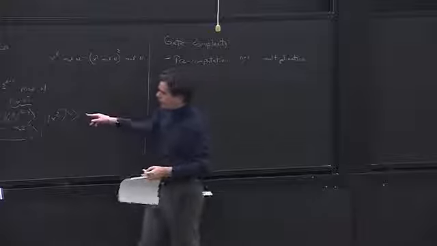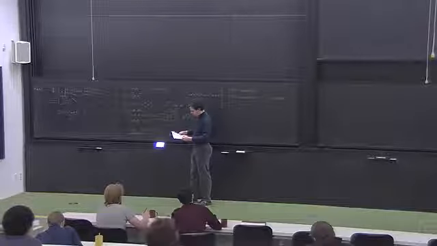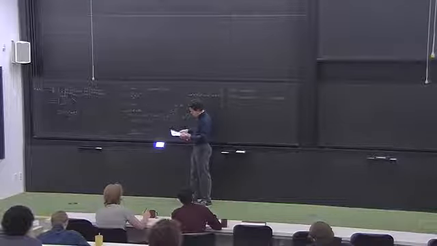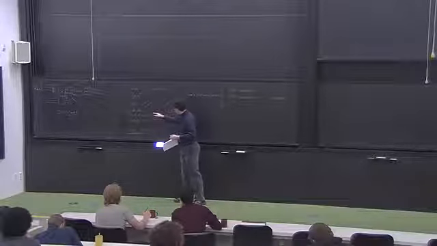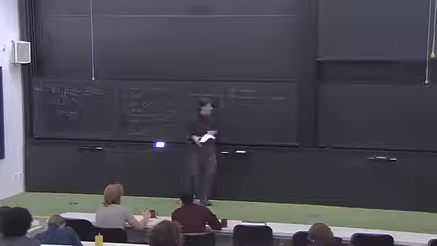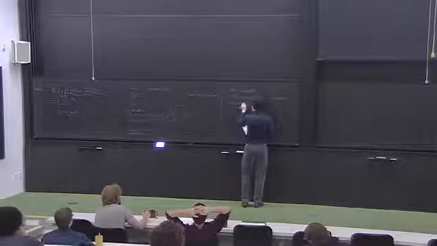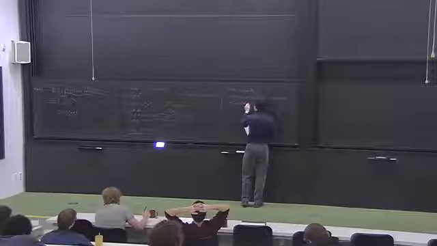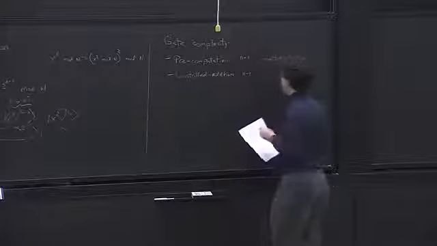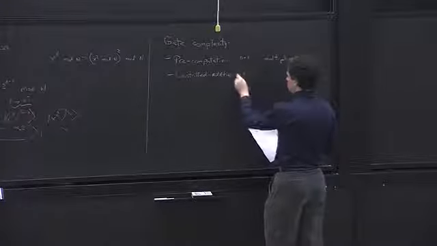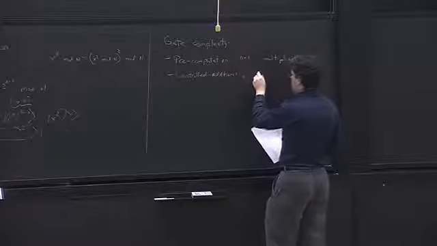So these controlled addition steps, is it n minus 1? No, there's n of those, because we have powers 2 to the 0 up to 2 to the n minus 1. So the controlled additions, there's n of them.